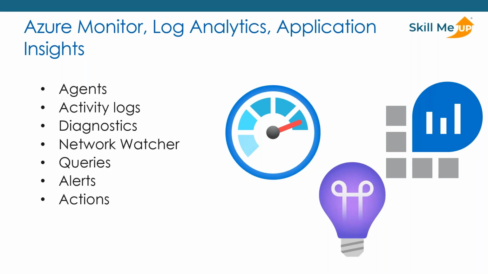It has the ability to collect diagnostic and activity log information from Azure resources when you enable it, as well as the ability to deploy agents to collect that information at an on-premises level.